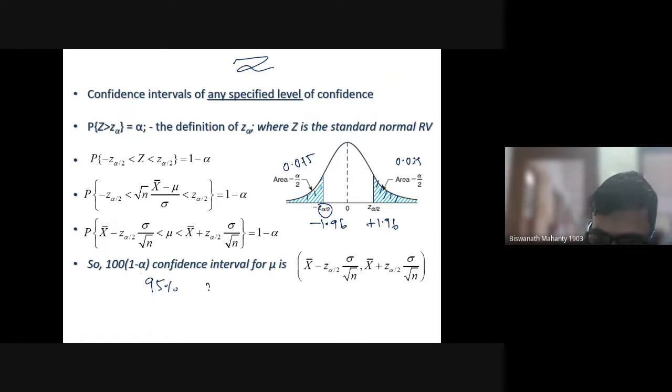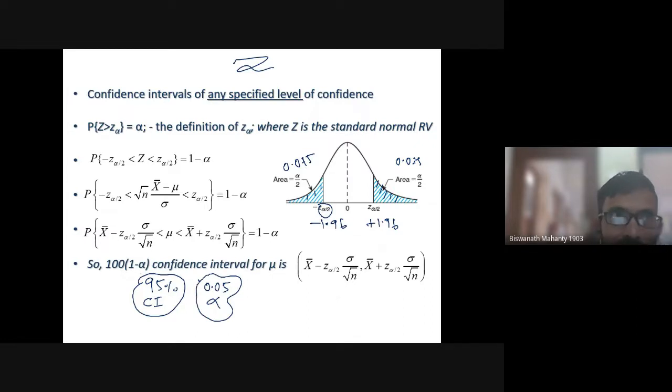That means 0.05 is called alpha, 95% confidence. So these wordings are actually similar. So when I'm talking about 95% CI, the alpha value for me is 0.05.